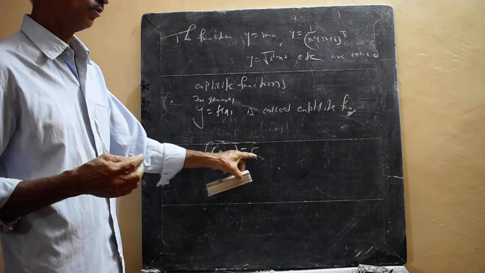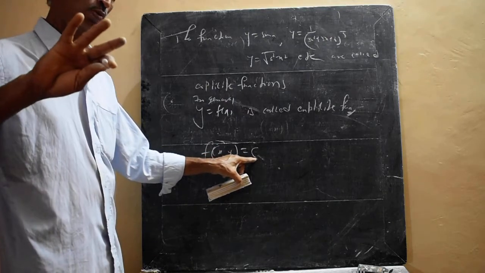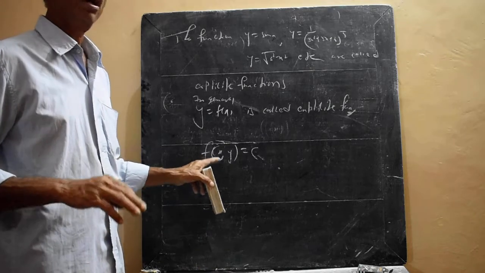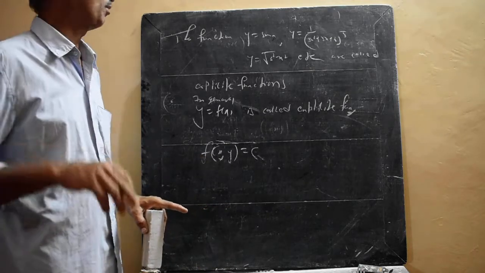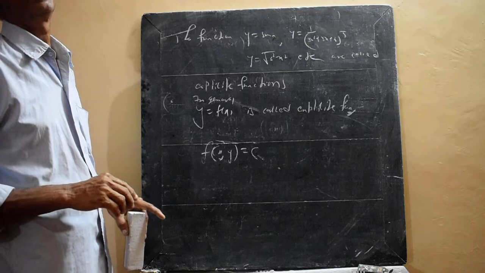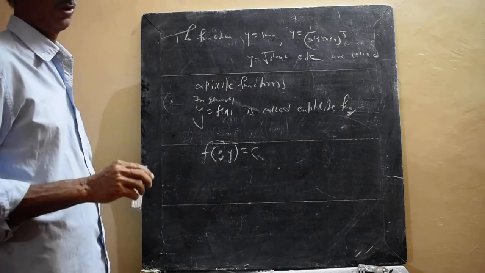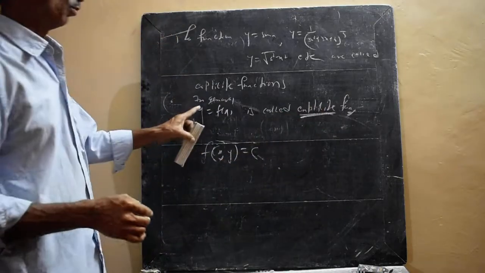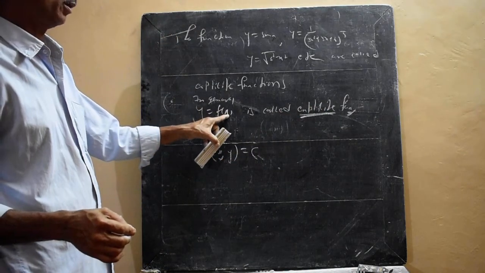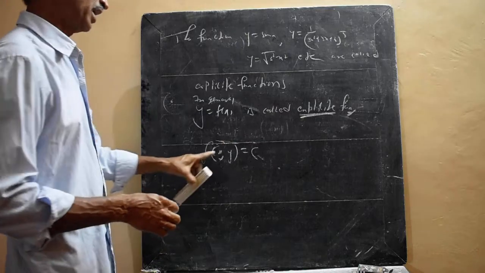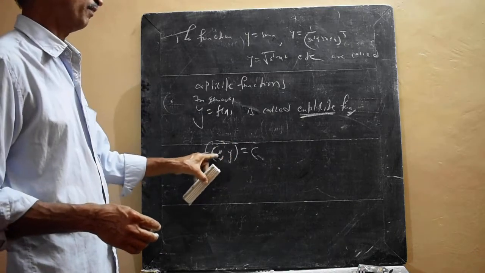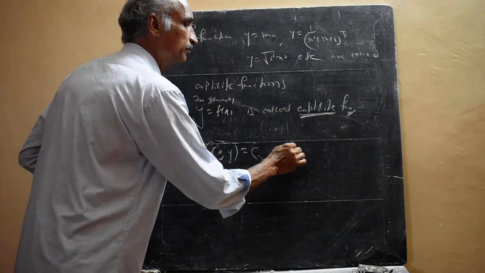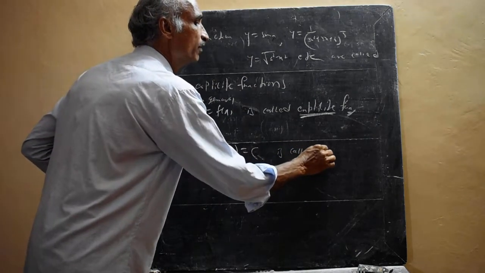In lay terms, x and y are in mixed form in the equation, and such functions are called implicit functions. If y and x are expressed separately, y equals f of x, it is an explicit function. If x and y are in mixed form, f of x y equals c, where c is a constant, it is called an implicit function.